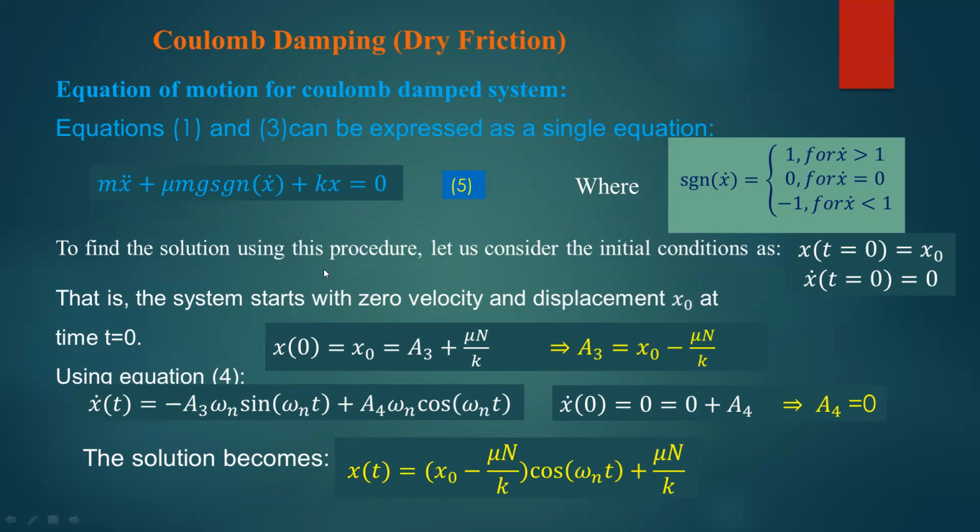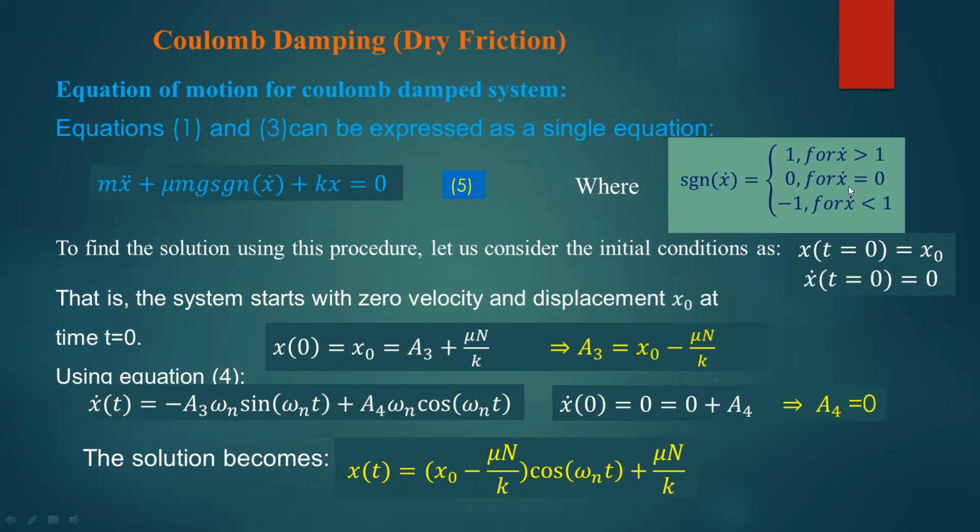So how can we synchronize the equations? This may be new for you. The signum function is new for you, because this is not such familiar mathematics, but we can express the equation using the signum function. So signum of x dot is 1 for x dot greater than 0. For positive velocity, it is 1.